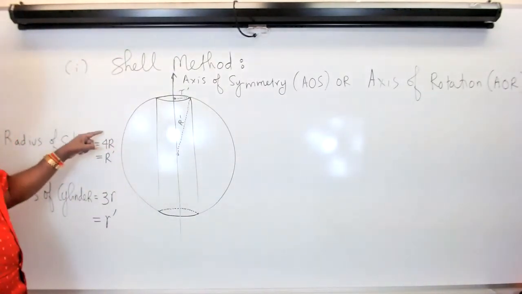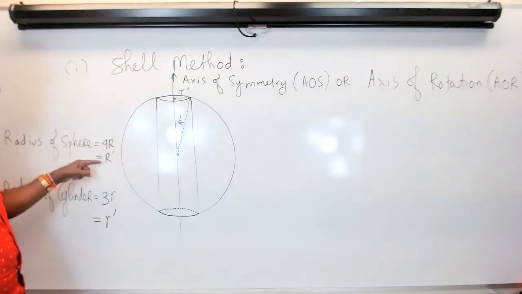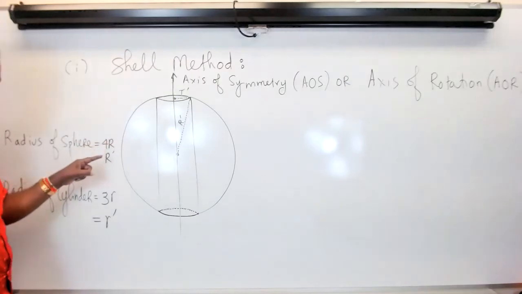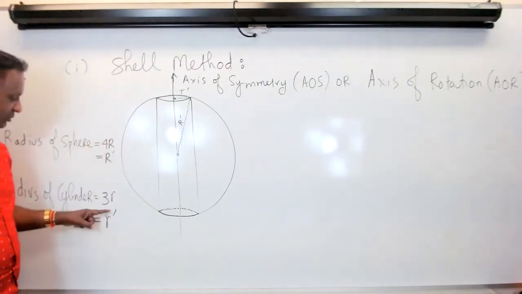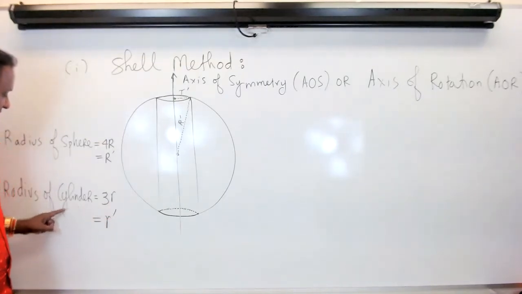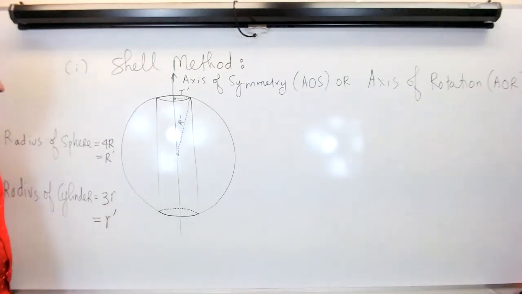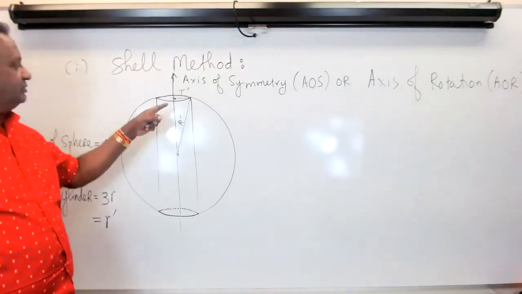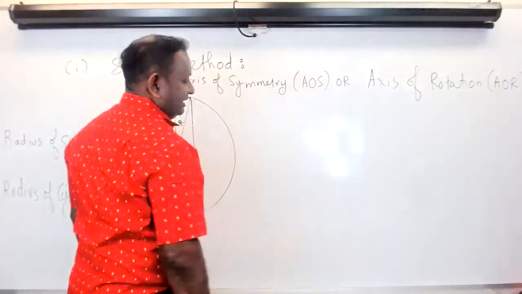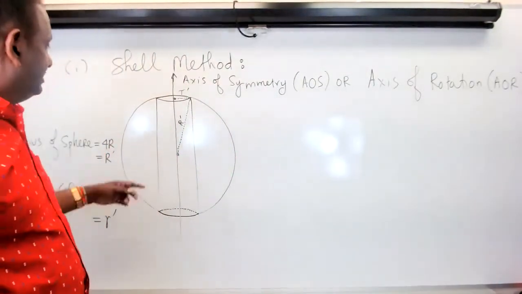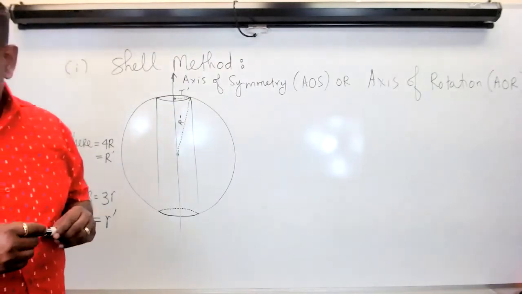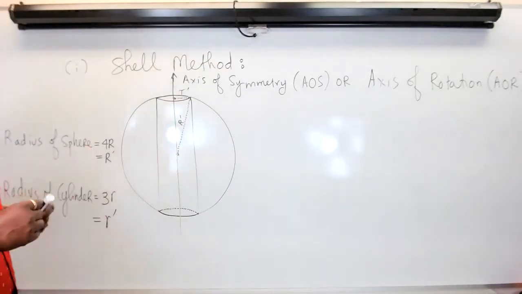Rather than working with 4R, it's easier to work with R. Don't use the same R again for the radius of the cylinder; just say R prime. With the aid of these two you can do all the computations, and at the end replace capital R prime and simple R prime.